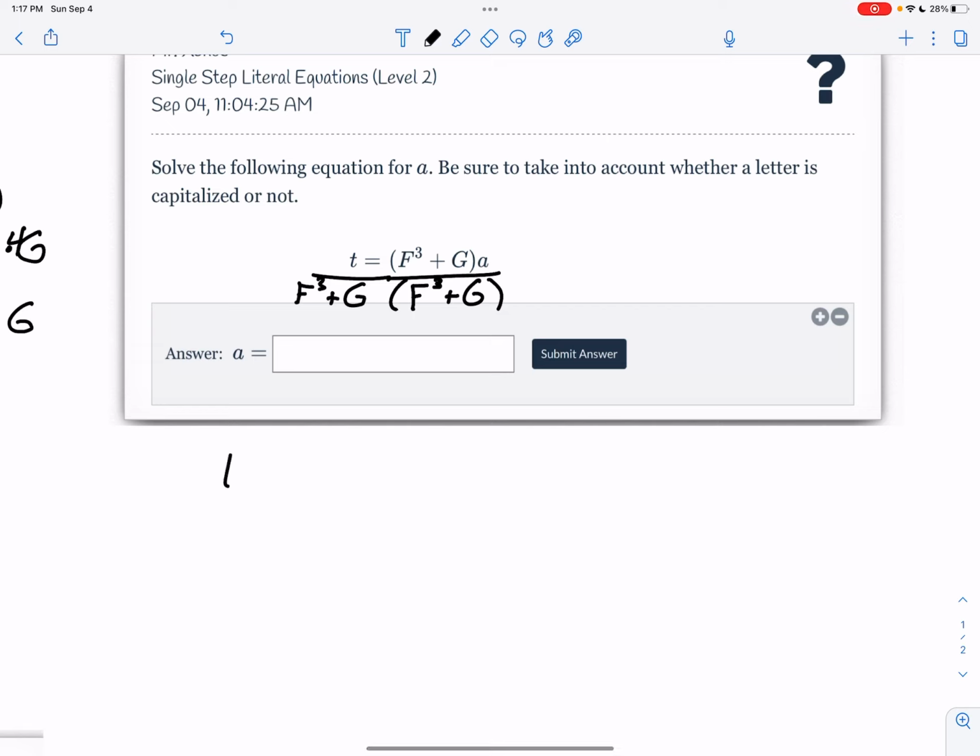So my left side is t over f cubed plus g, and that's equal to f cubed plus g over f cubed plus g times a. They act as a single factor in this case because the only operation between this and my a is multiplication, and I'm just left with a.